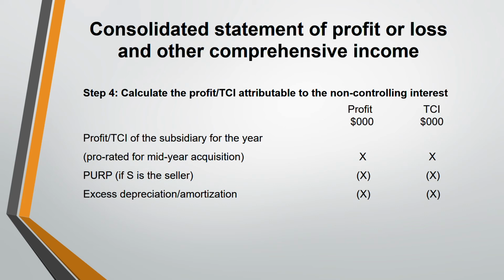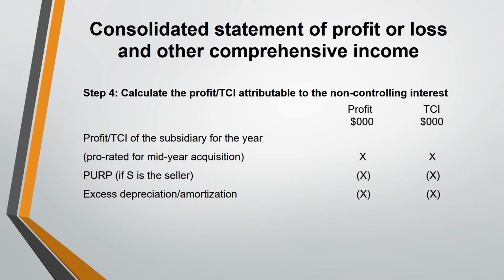See, if P is the seller, no need to do any adjustments there because we are only working on the subsidiary part, profit and TCI of the subsidiary for the year. That's why PURP for the subsidiary needs to be deducted from the subsidiary's profit. That's the reason we are only taking it if S is the seller, if the subsidiary is the seller, not the parent part. Okay.